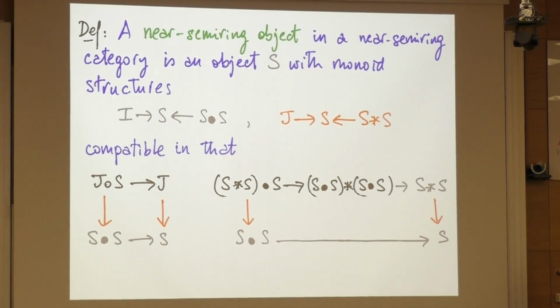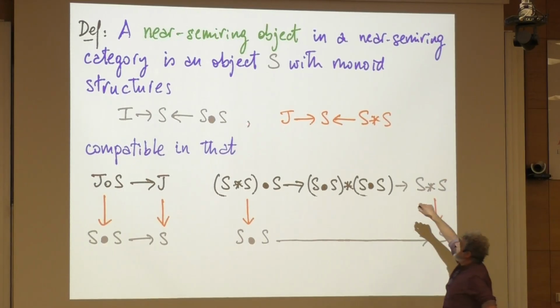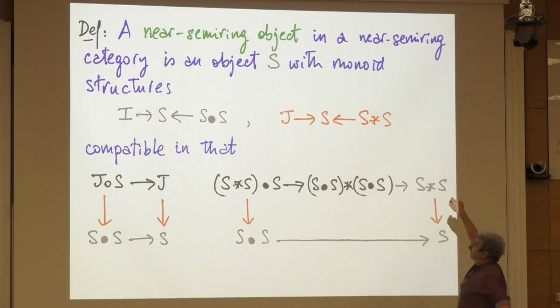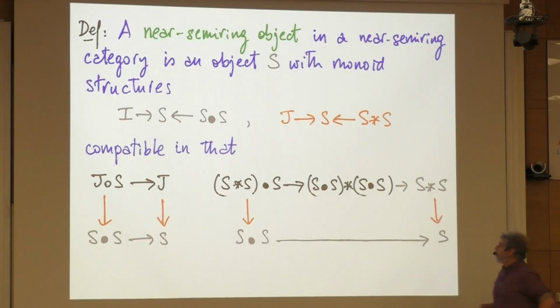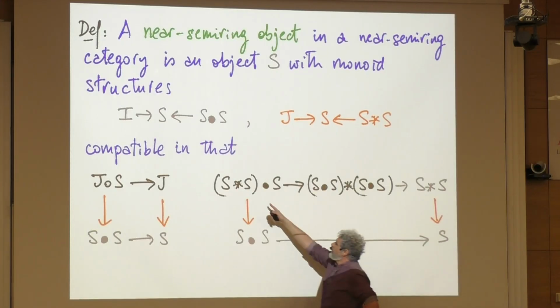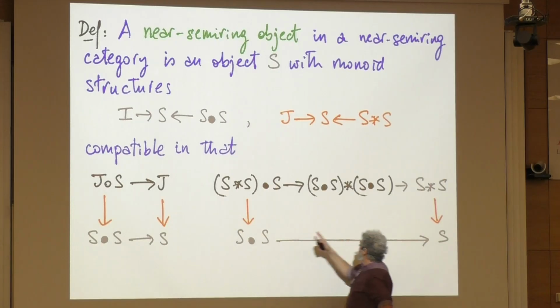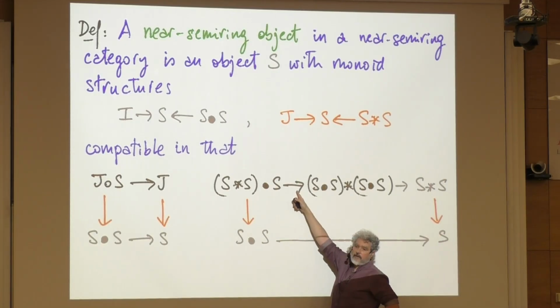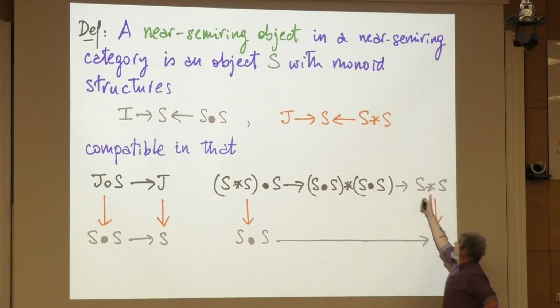A near semi-ring object is an object which has two monoid structures as before, and now, because I have the near semi-ring structure in the category, I can state the compatibility condition. If I do one operation and then the other one, modulo the distributive or the tensorial strength, I can commute them.